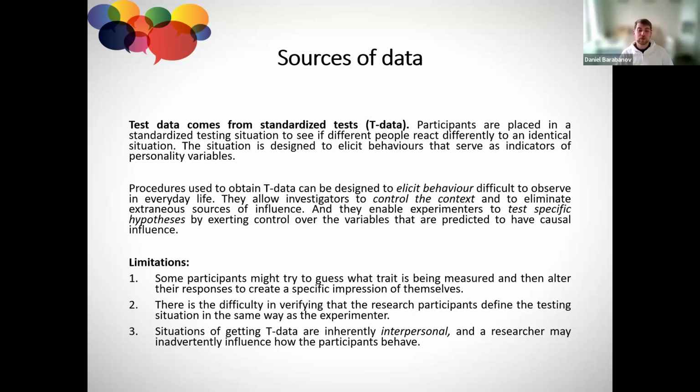And sometimes intelligent participants can crack the idea behind the test and manipulate the overall final result. Also, there is difficulty in verifying that the research participants define the testing situations the same way as the experimenter. So it's a problem of communication. Sometimes the experimenter gives a test to a participant, tells the instructions and tries to answer questions. But sometimes still the participant might get a wrong idea about how they actually should fill the test, how they should respond, how much time it takes, and what is expected from them.